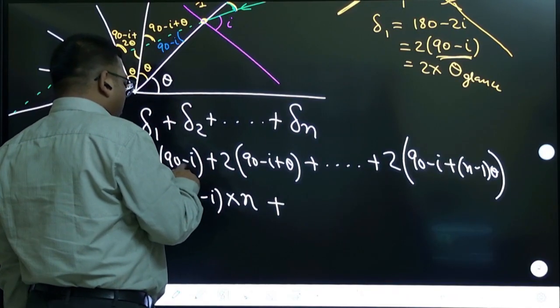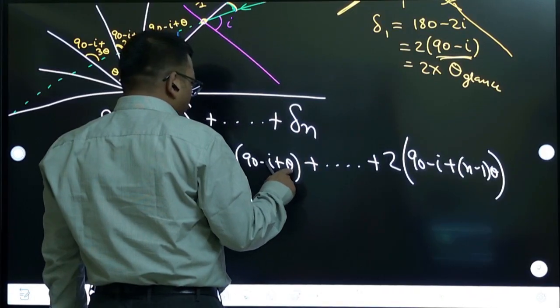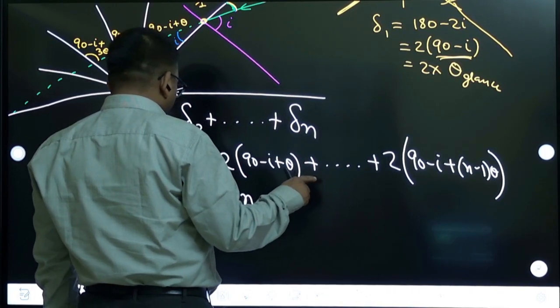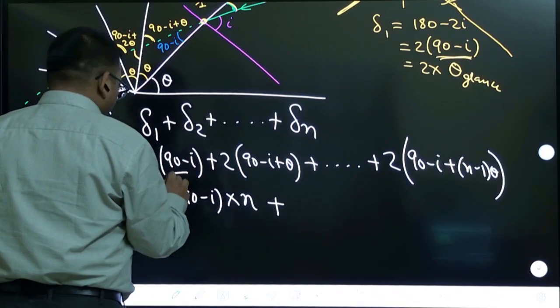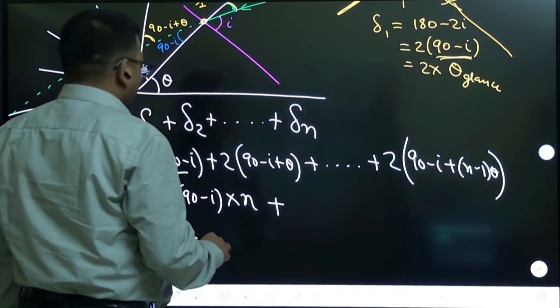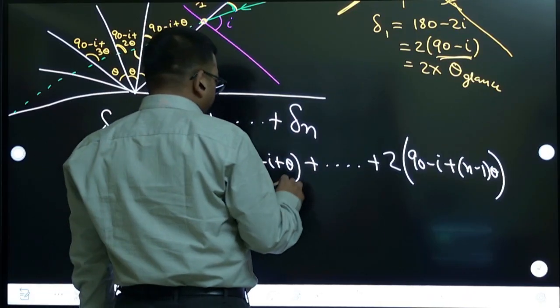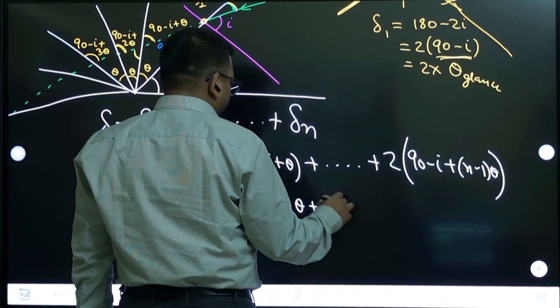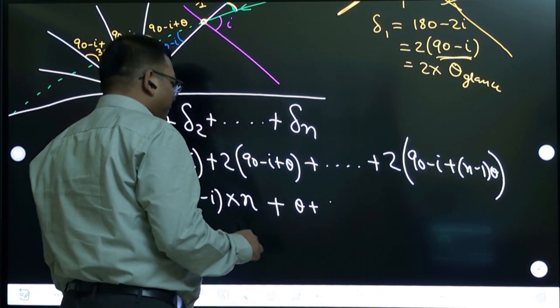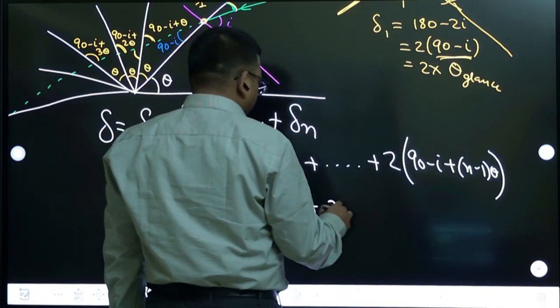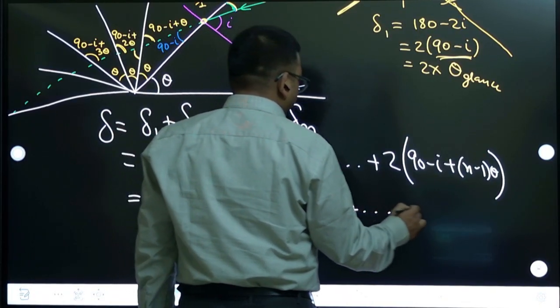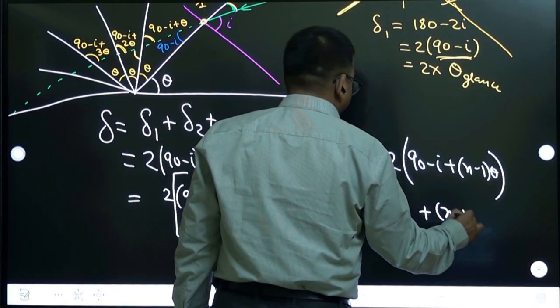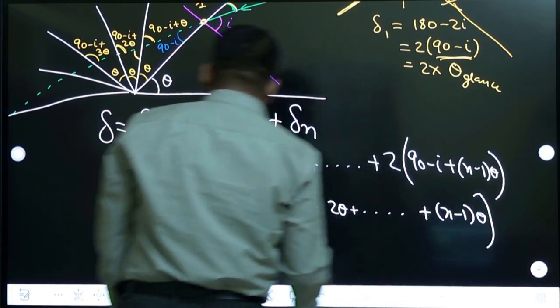Then here there is no theta, then here will be 2 theta, 2 theta, like that. If you want to take 2 common, let's take 2 common. So this will be theta plus, next also an extra theta will come, 2 theta will come. Then it will continue like that up to n minus 1 times theta. Now try to add this.